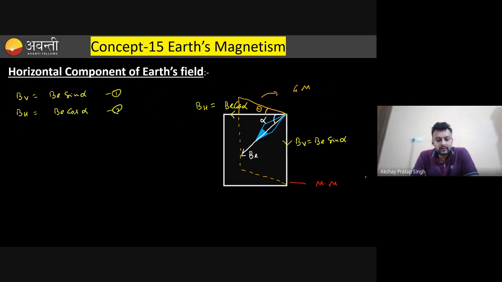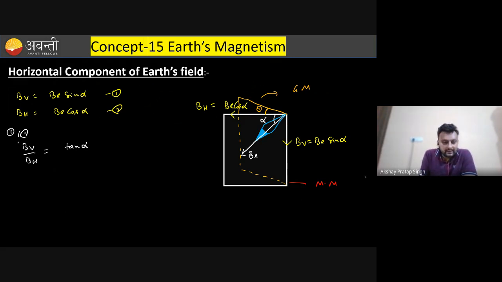Is it clear to everyone? Quite visible from the diagram. Now, if we divide these two equations, what will we get? We will get vertical component divided by horizontal component is equal to tan alpha.